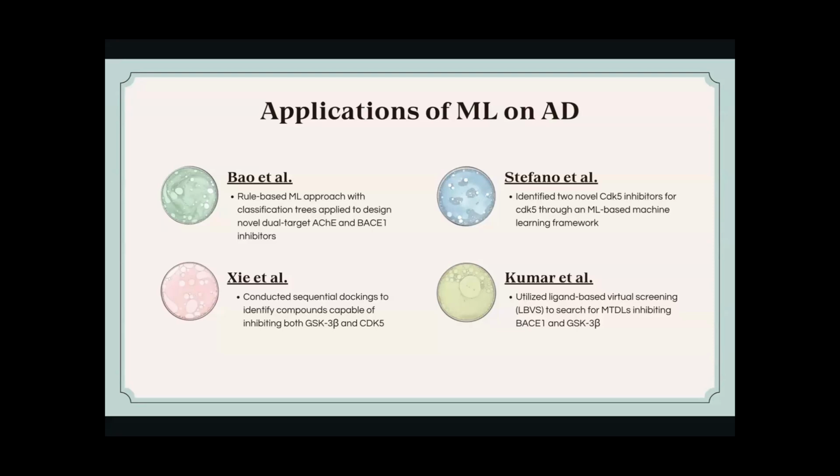Alzheimer's. And next, there is Xie et al. That conducted sequential docking to identify compounds capable of inhibiting both, also the two genomes that are involved in AD progression. And a research by Stefano et al. has identified two novel CDK5 inhibitors through an ML-based machine learning framework, further showing that the implementation of ML in the drug discovery process for Alzheimer's has shown some success to a certain extent.